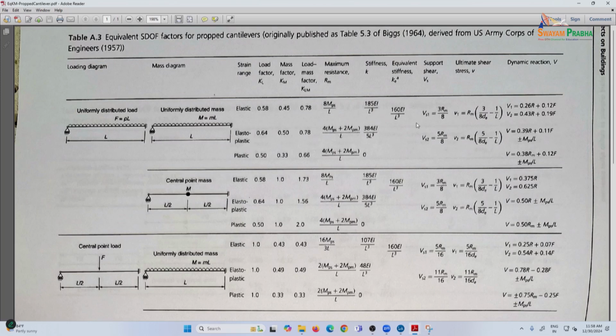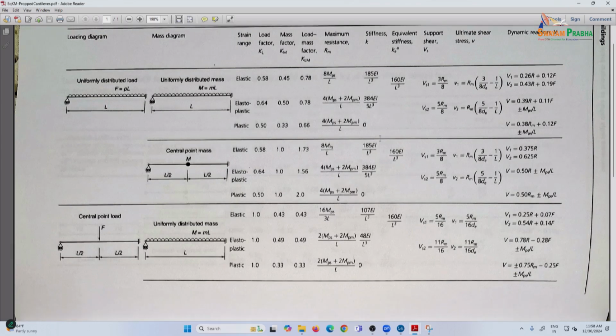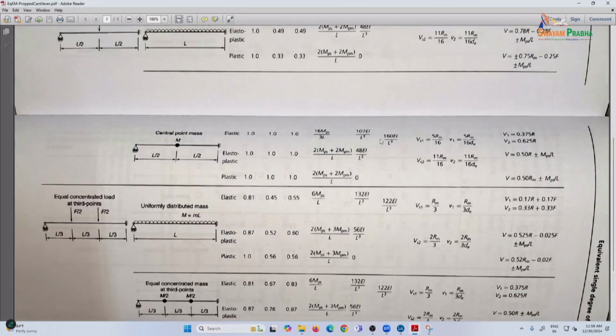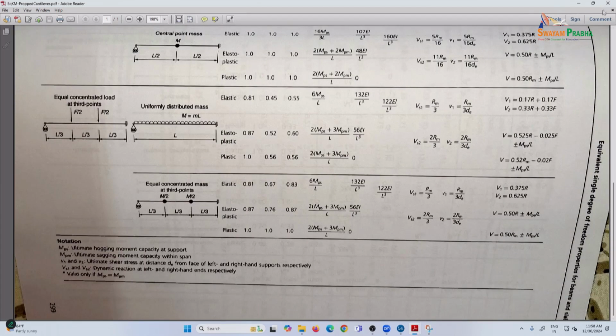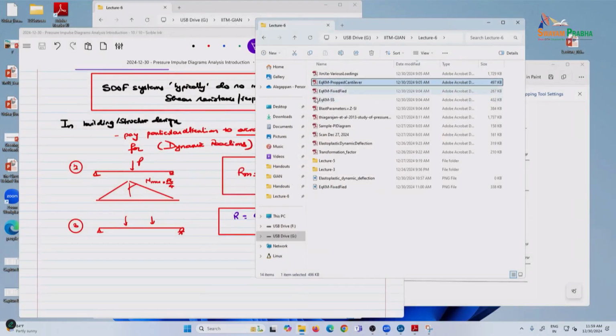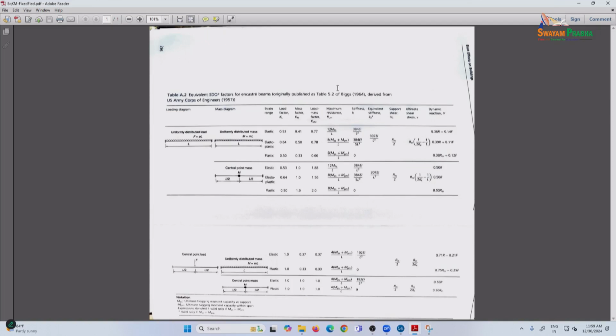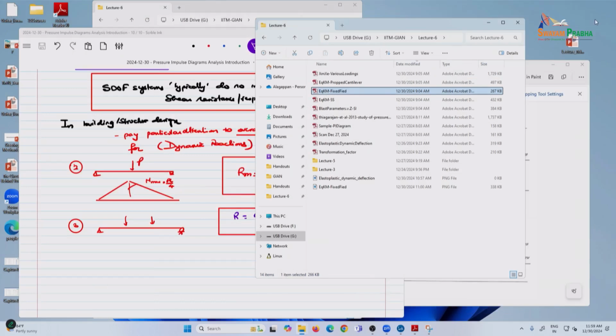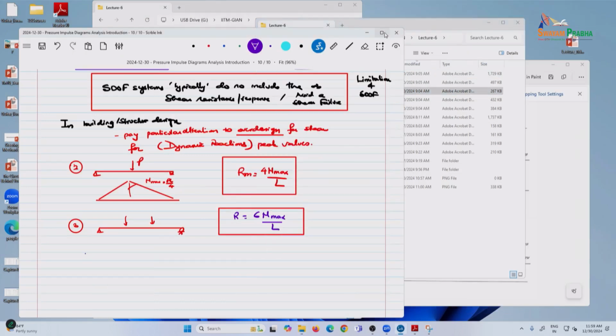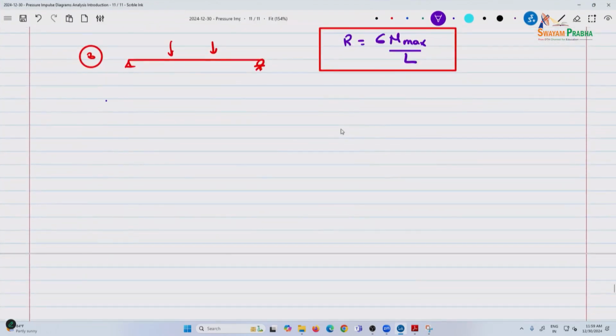You see the support shears, stiffnesses, and for the 4 scenarios, typically those are the 4 scenarios. So that's a propped cantilever, equivalent Km for simply supported, and the other one I have is for fixed, the same things again.